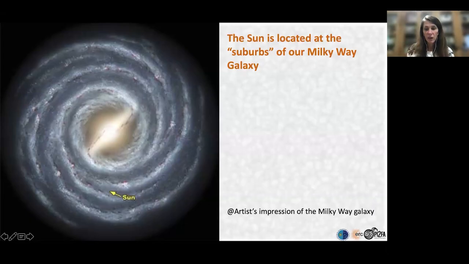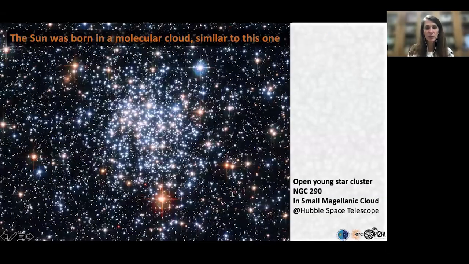And then, if we continue approaching, the sun might have been born in a molecular cloud similar to the one we see here. Again, this is a spectacular image from the Hubble Space Telescope of an open young cluster in the Small Magellanic Cloud that one can observe from the southern hemisphere.